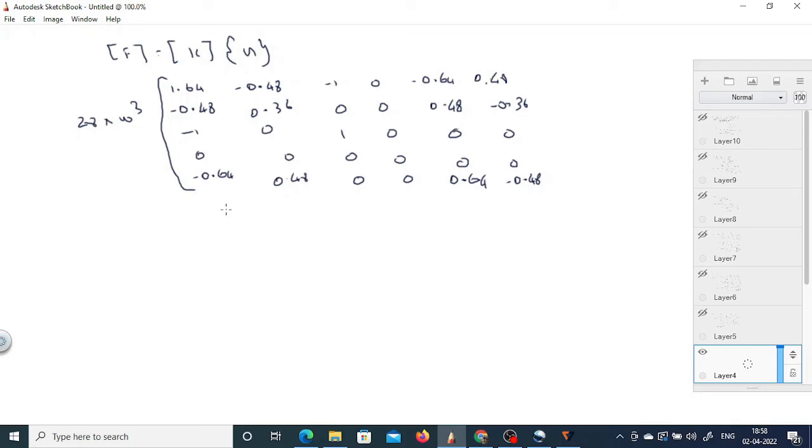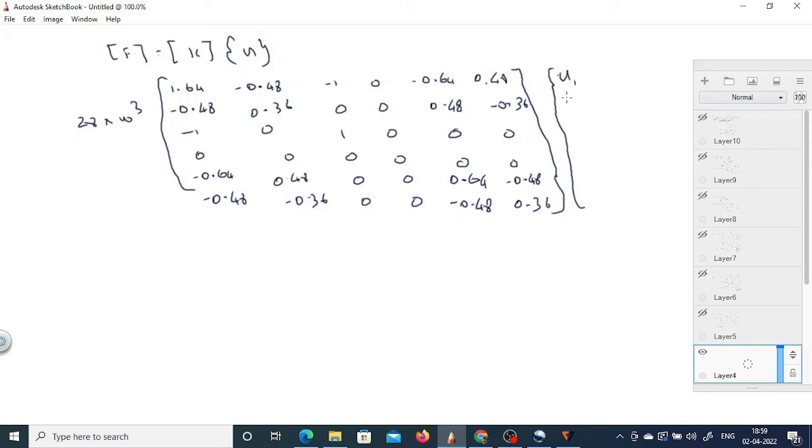The sixth row is minus 0.48, minus 0.36, 0, 0, minus 0.48, 0.36. This is the stiffness matrix I got from the previous step. And then what is the displacement?